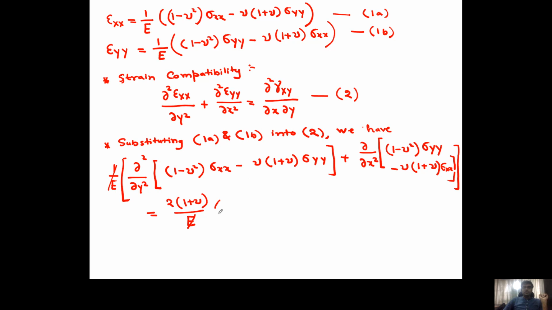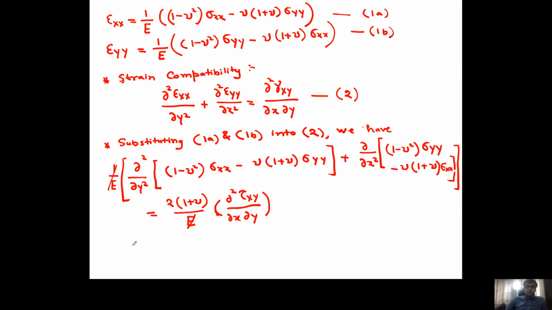And then what we have is del 2 tau xy del x del y. Okay, right? Can we simplify it further? Yes, we can. So let us simplify it further to see what we have.